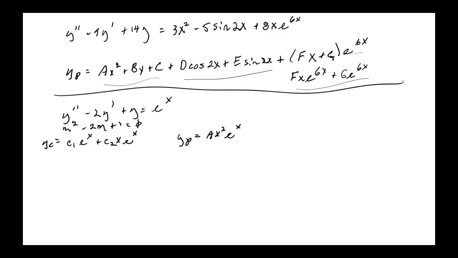You would think it would just be a e to the x, but that is basically the same as this. So no, not that. Your next choice would be a x e to the x. Well, no, that's the same as this basically, just a rather than c2. So that won't work either. So just put up one more notch: x squared e to the x. So make it a x squared e to the x.